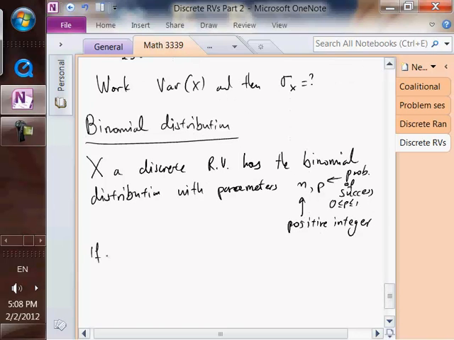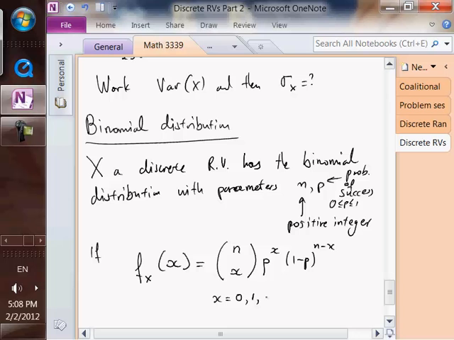If its density function is the following: n choose x, p to the x power, 1 minus p to the n minus x, where x takes the values 0, 1, 2, all the way up to n.